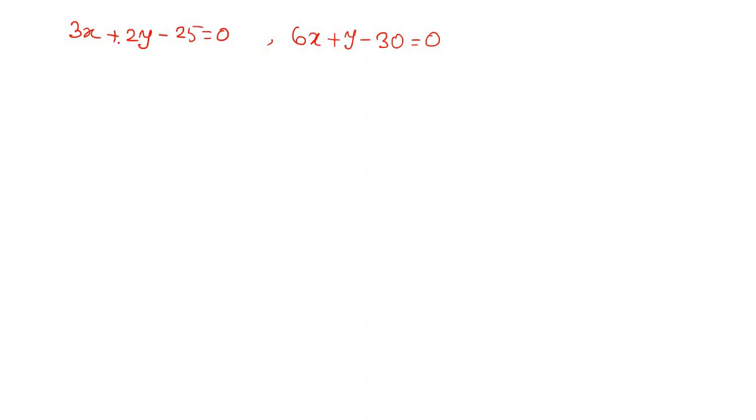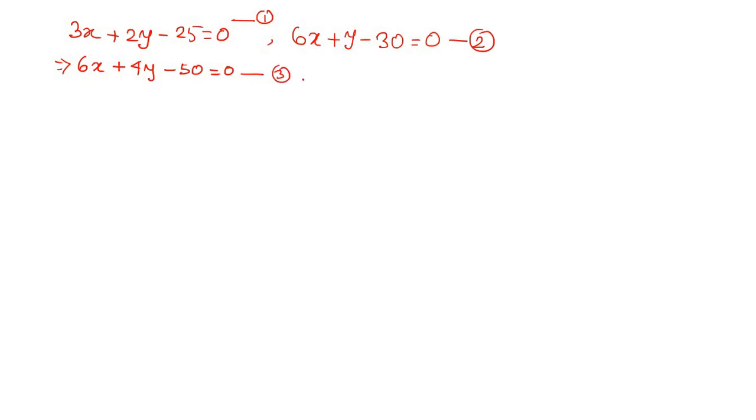So what we do is that if I multiply my first equation, which is my y on x equation, by 2, then my y on x equation becomes 6x plus 4y minus 50 equal to 0. Let us call it equation number 1, this is equation number 2, and this is equation number 3.